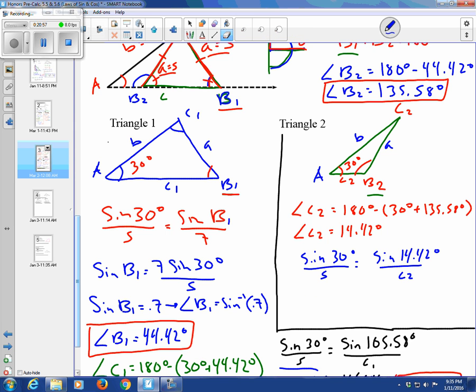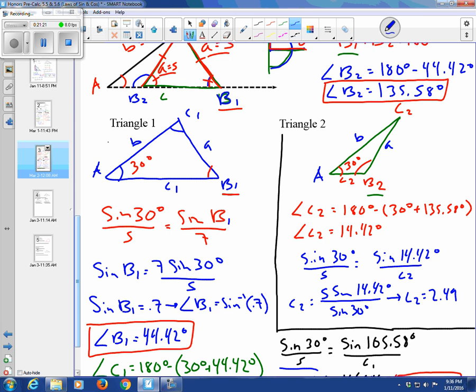C2 is going to equal 5 times sine of 14.42 degrees over sine of 30 degrees, which gives us side C2 as 2.49. And those are the 3 lengths for our second triangle.